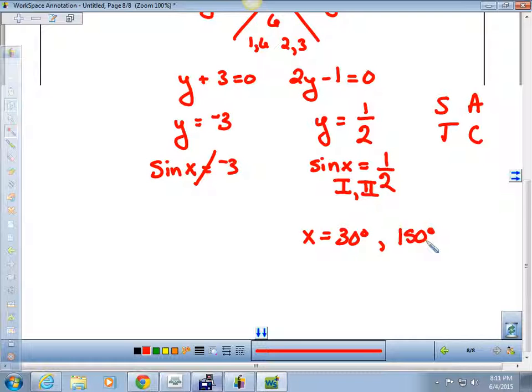And my answers are in degrees, no issue. We know how to convert. What do I multiply by to convert? I've got to multiply by pi radians over 180 degrees. And then the same thing with the 150. I've got to multiply by pi radians over 180 degrees.